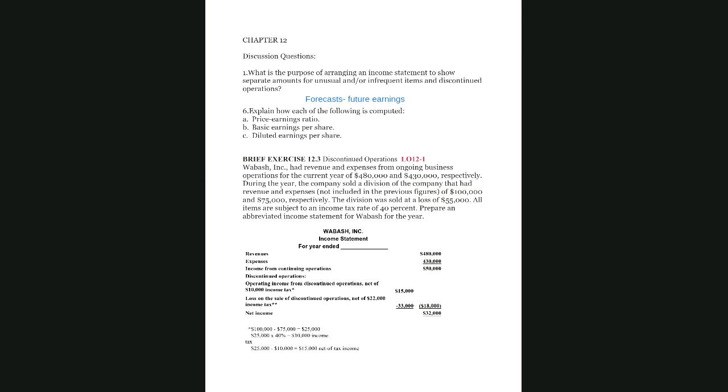So if you are a potential investor or a potential creditor in a corporation that has discontinued operations, which section of the income statement would you be looking at? You would be most interested in the continuing operations section, because the discontinued operations are not going to affect the continuing operations earnings for this particular financial statement or for future financial statements.